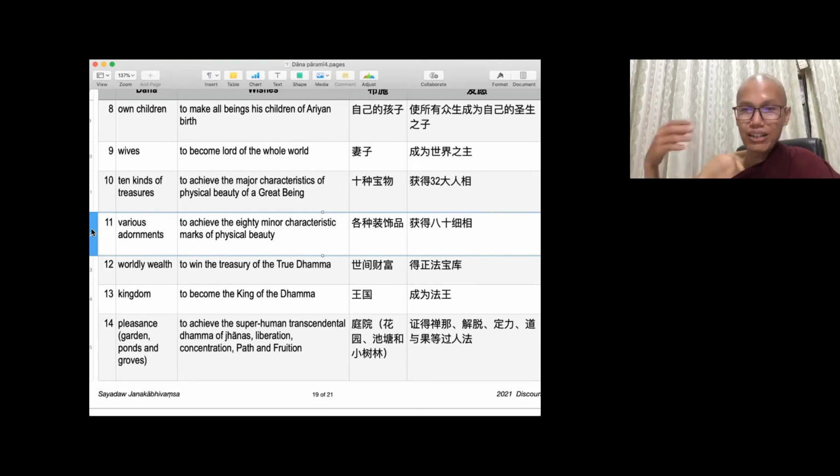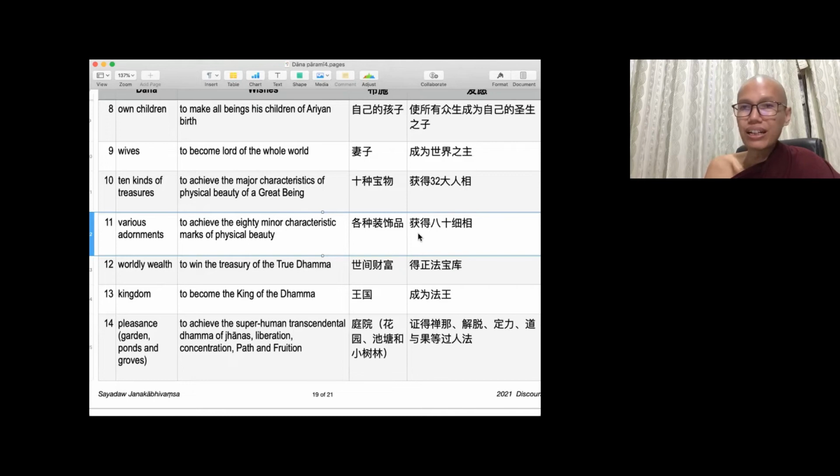So the Bodhisattva donates such storerooms with a lot of properties. Why donate? To achieve the 80 major characteristics, characteristic marks of a physical beauty.